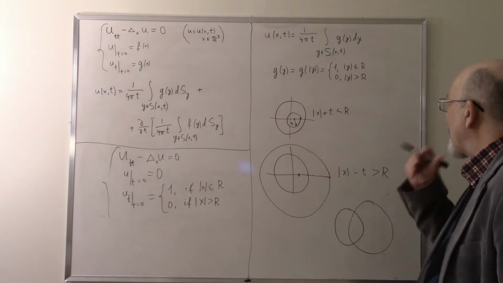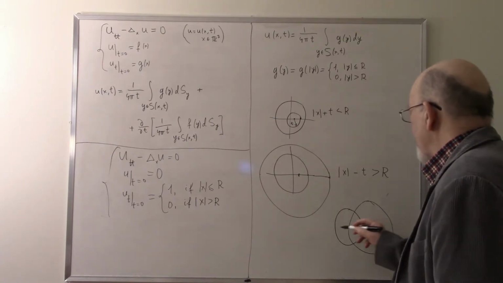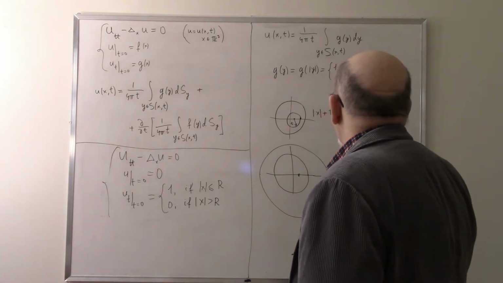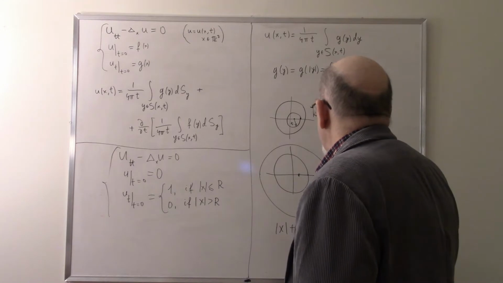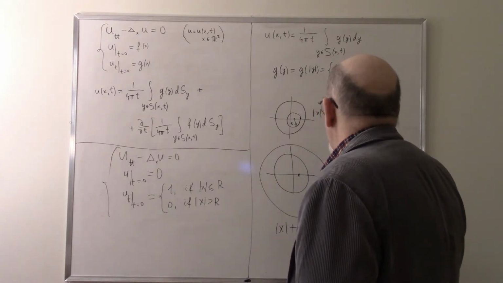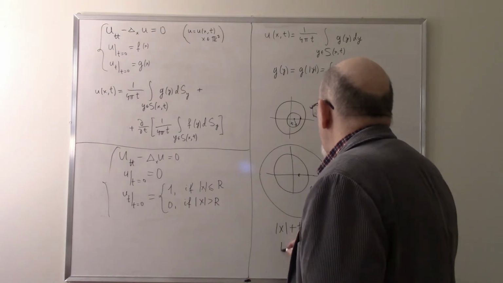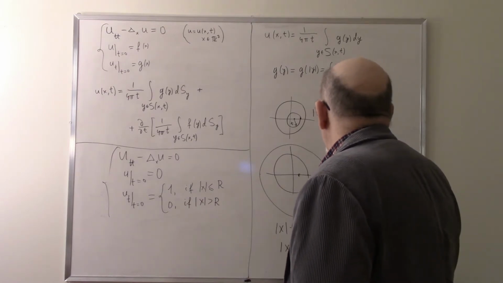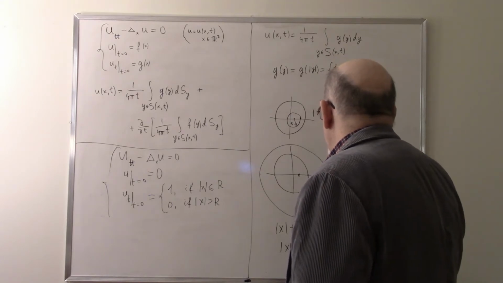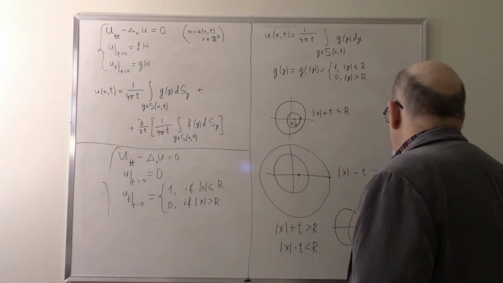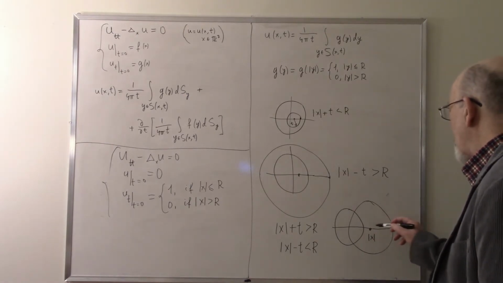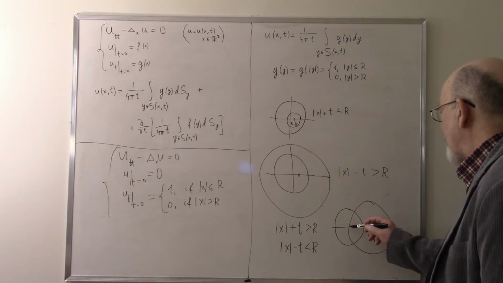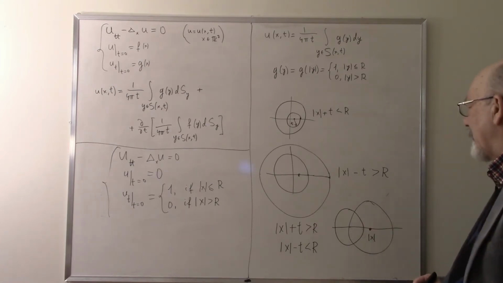So in this case, modulus x plus t more than r, modulus x minus t less than r. So we have this configuration.